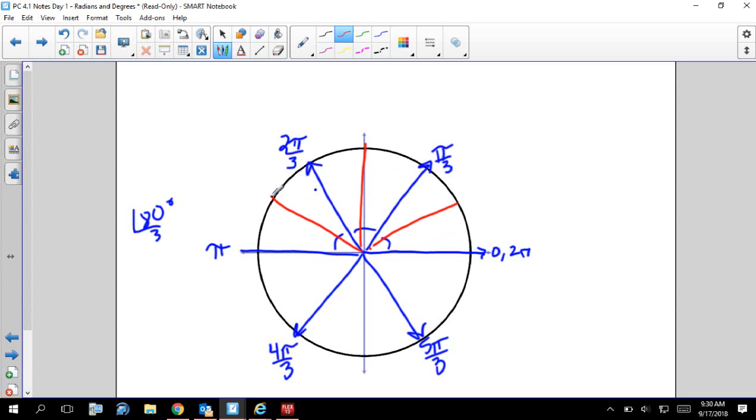So what did I just divide pi by? 6. Pi divided by 6 is 30 degrees. Pi divided by 3 is 60 degrees. You see how those are like opposite?